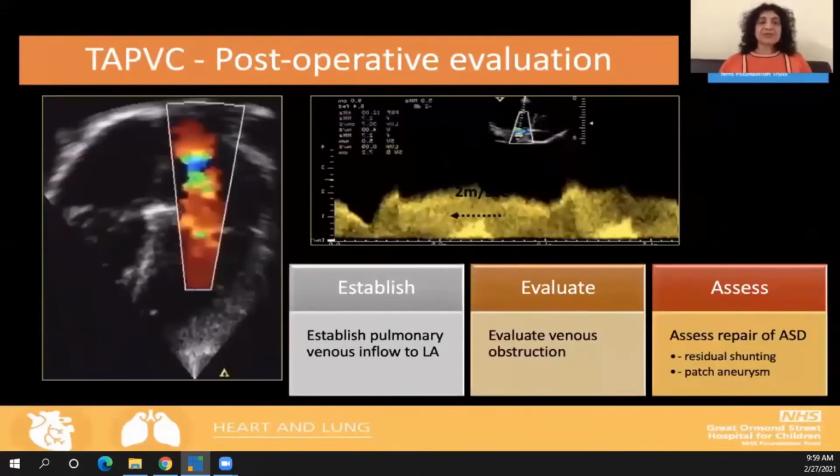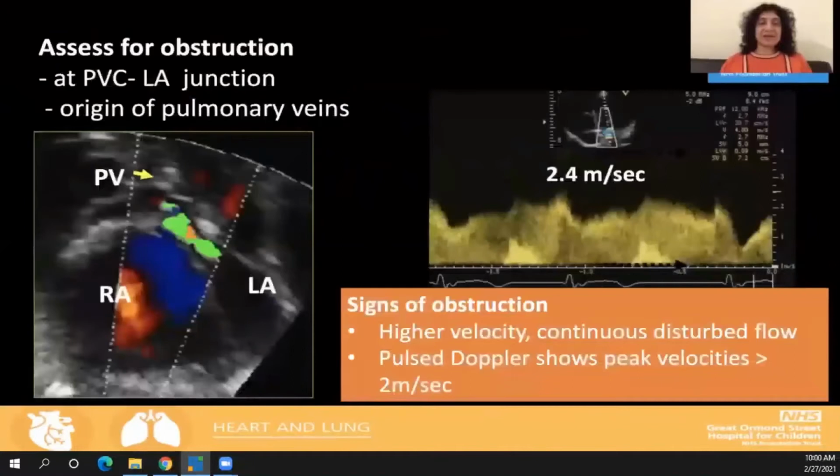Now, it's important to consider what has to be incorporated in a post-operative evaluation. It's important to establish pulmonary venous inflow to the left atrium. It's important to evaluate any venous obstruction, and it's important to assess the repair of the ASD. Is there any residual shunting? Is there any patch aneurysm?